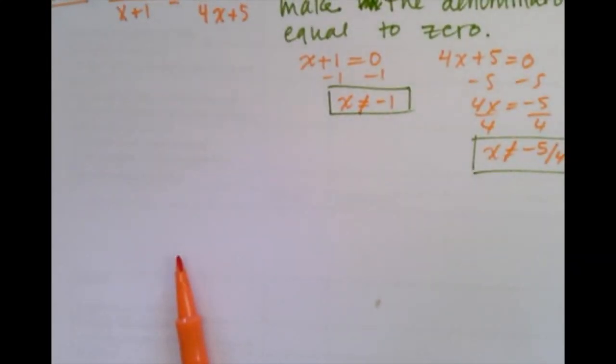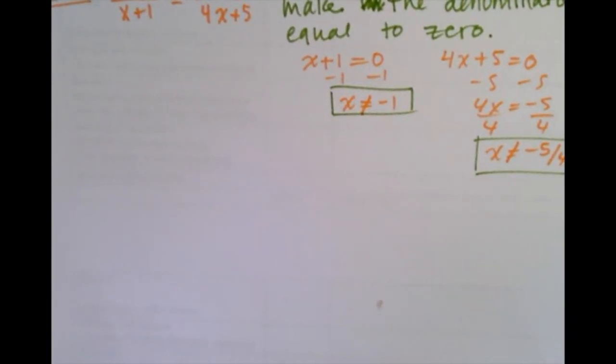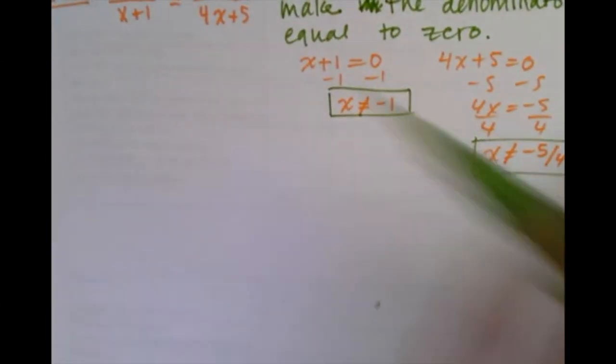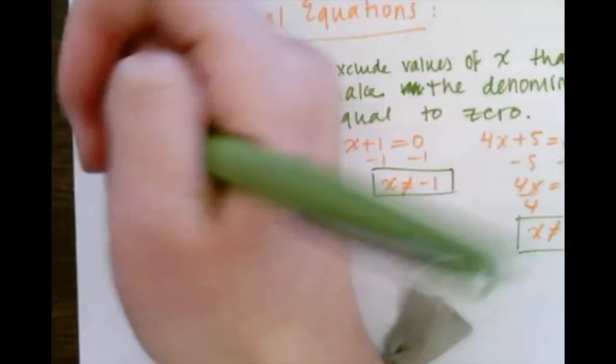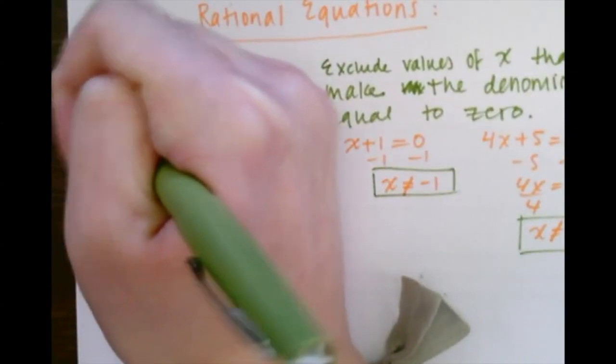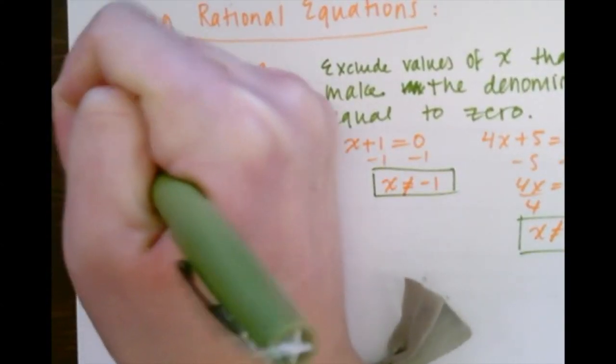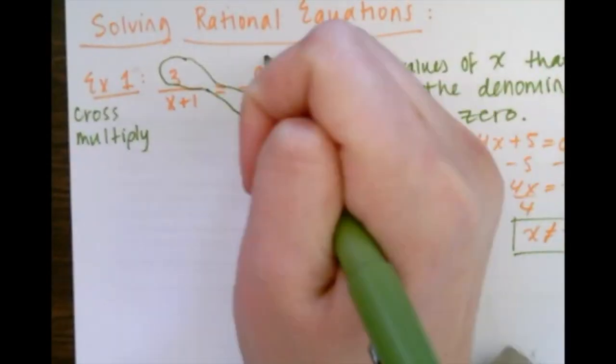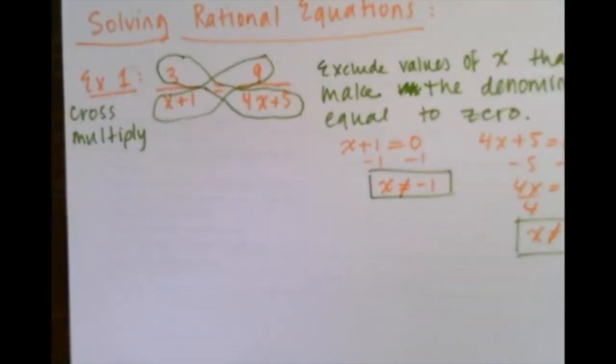Now let's think about how we would actually solve this problem. If you have one fraction on each side, then we can do something you're familiar with, which is cross multiply. I do 3 times 4x plus 5, and 9 times x plus 1.